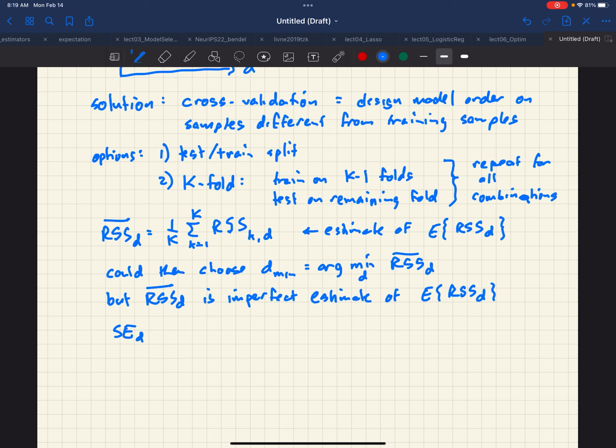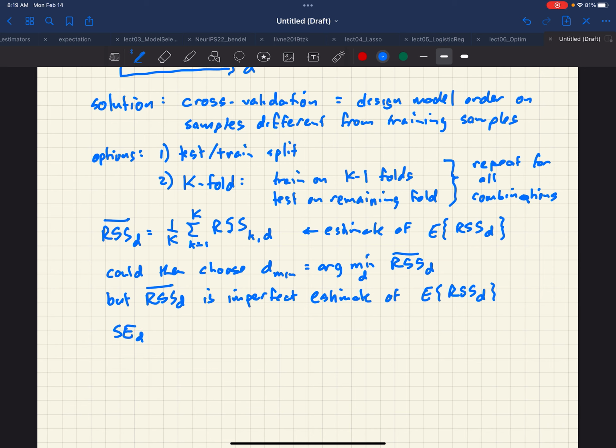Okay, so we find the simplest or smallest D whose RSS bar is less than this value. So simpler D would mean we go this way, and here we see, okay, these Ds are simpler, but this D has an RSS bar which is below the target, and then this D has an RSS bar which is above the target.